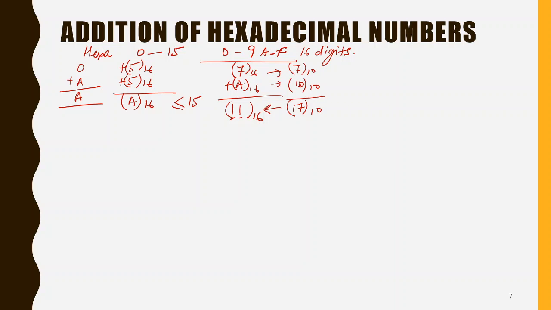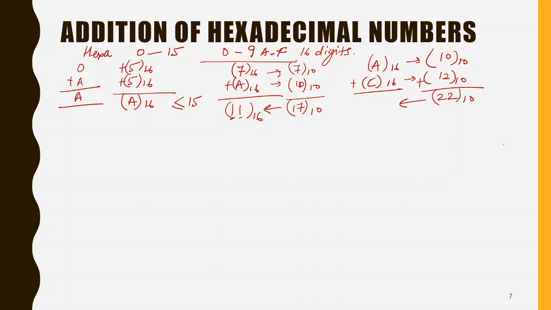So 17 is 11 in hexadecimal. Okay, let us take one more example. If you have A and if you have C, you want to add these two digits, right? So directly you will not be able to calculate. First you convert it into decimal. A in decimal is 10 and C is 10, 11, 12. The result of summation is 22 in decimal.